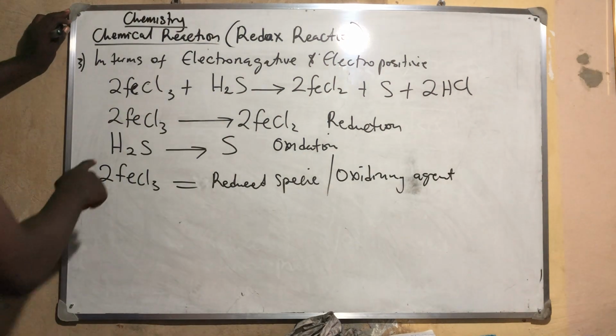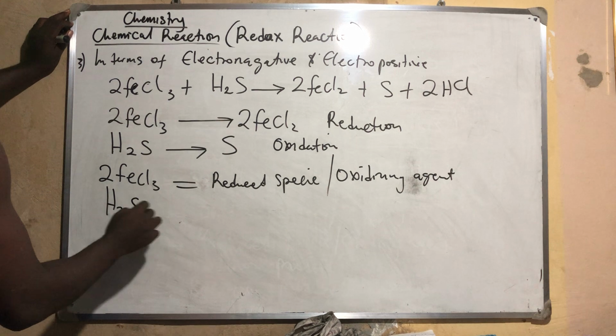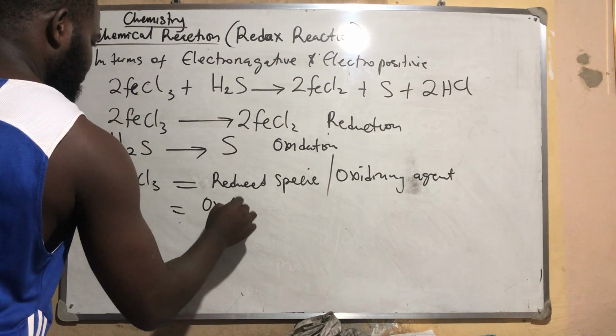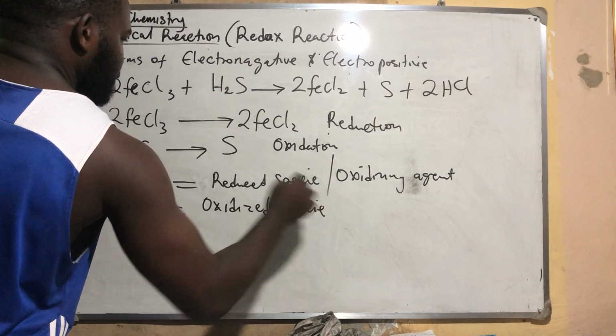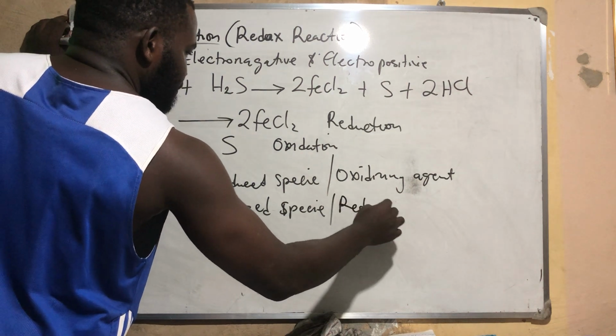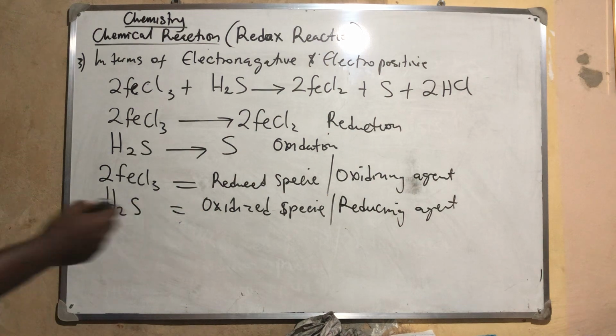All right. So this one that underwent oxidation, that is H2S, is now what? The oxidized species, as well as the reducing agent. Okay, very very simple.